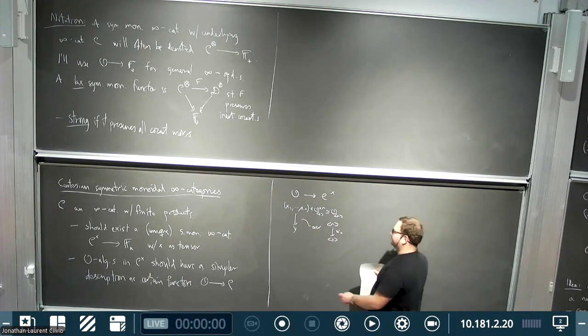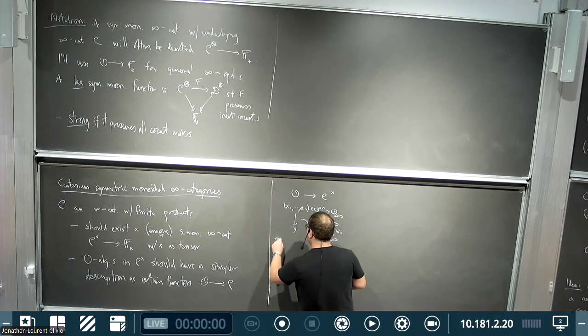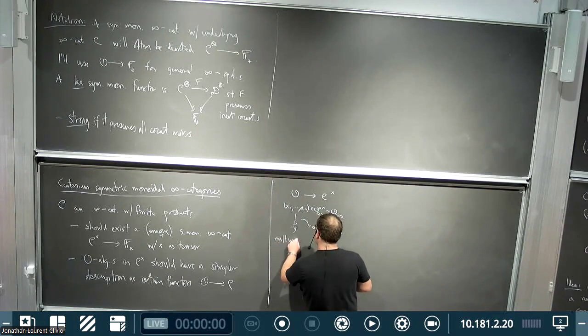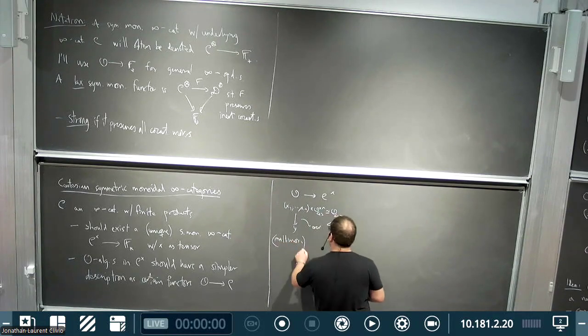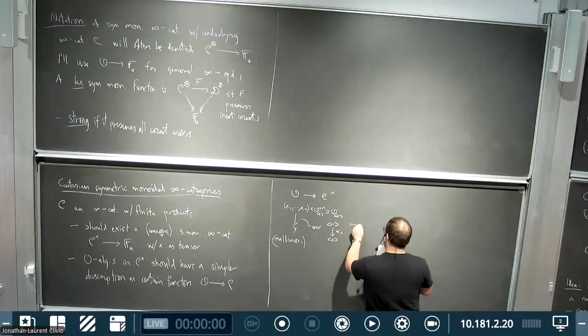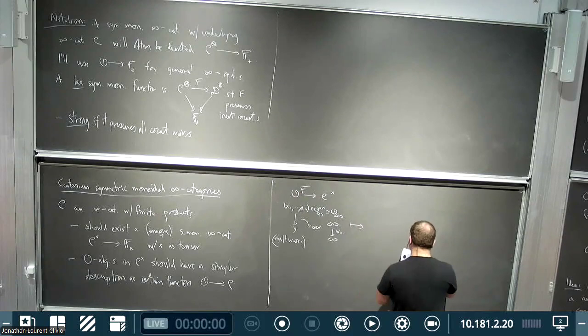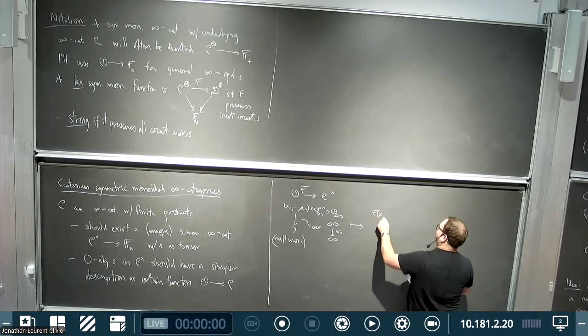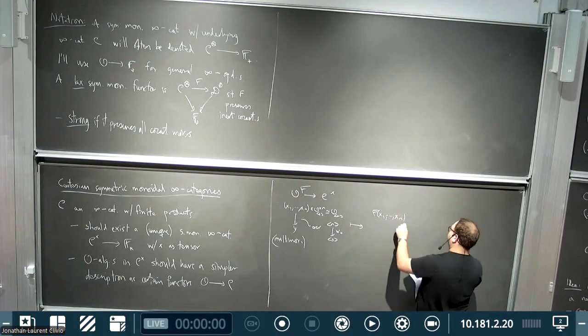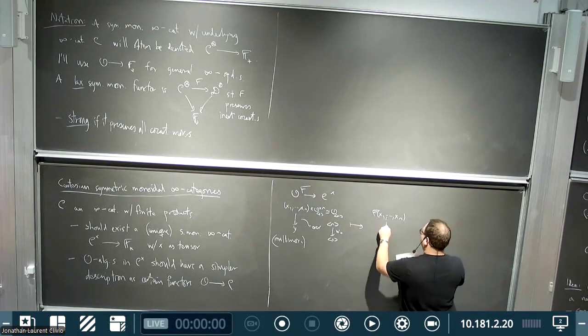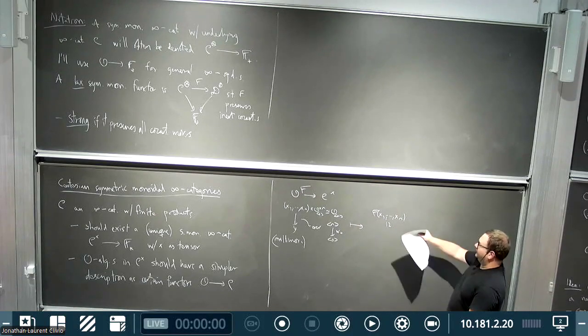So this is a multimorphism in O. In C cross, this gets sent to F of x_1, ..., x_n to F of y.